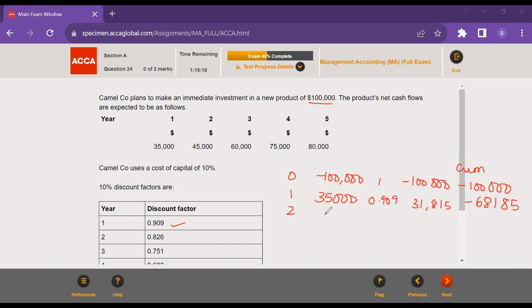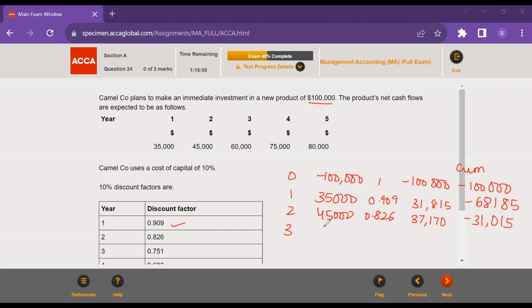Now similarly, I do this for year 2. So for year 2, this is 45,000 and then the discount factor is 0.826. So this will give me 37,170, and if I add this to the negative 68,185 figure, this will give me a negative 31,015. Now moving on to year 3.